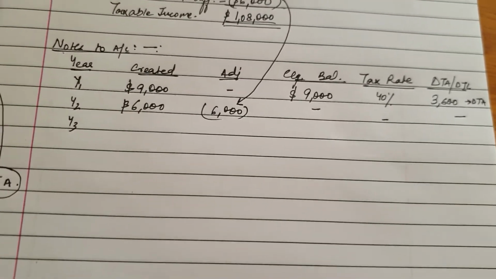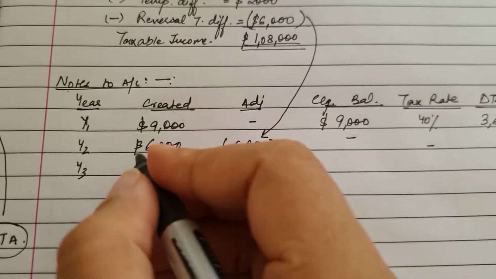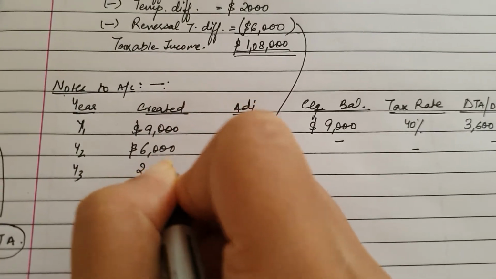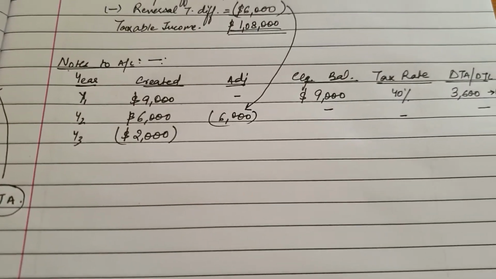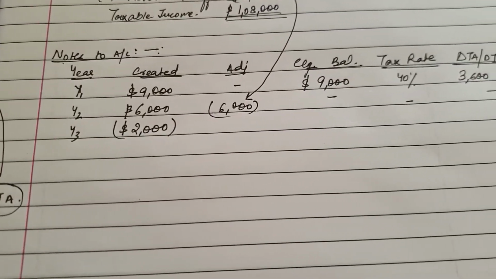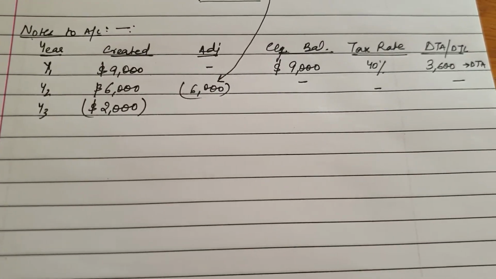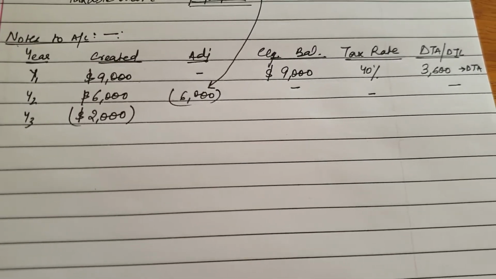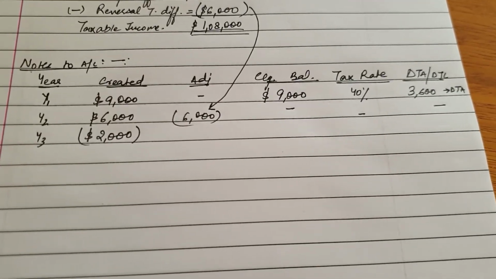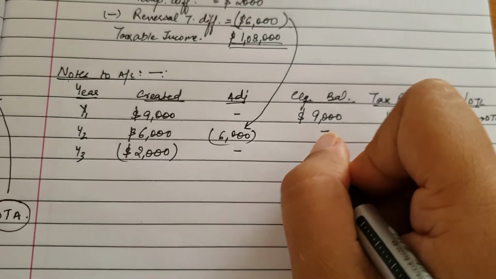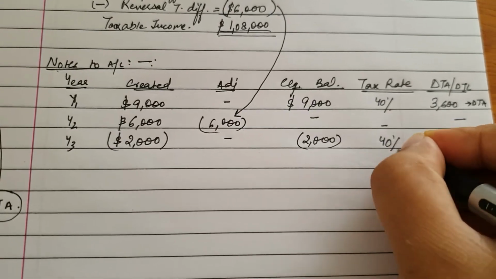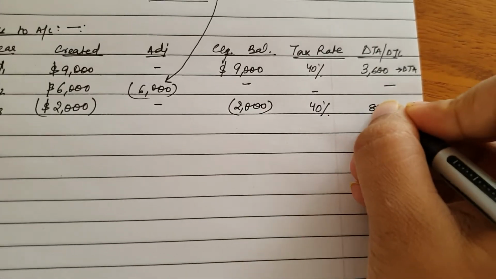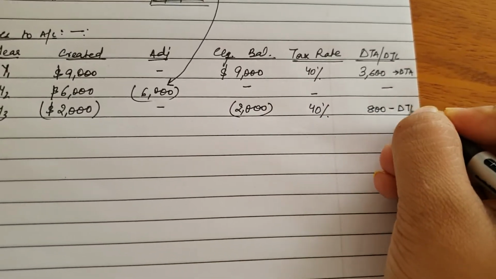Now, in year 3, there is a negative temporary difference. It's a negative temporary difference. So when the temporary difference is negative, of course it's going to create a deferred tax liability. There's been no adjustment, it remains there in the closing balance, and at 40%, this is 800, and this is a DTL.